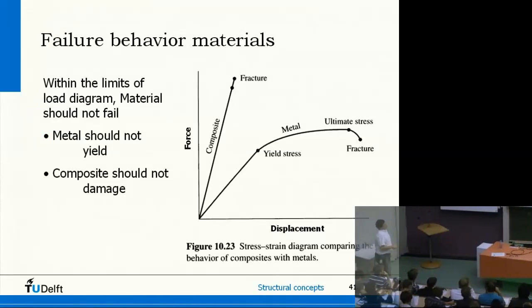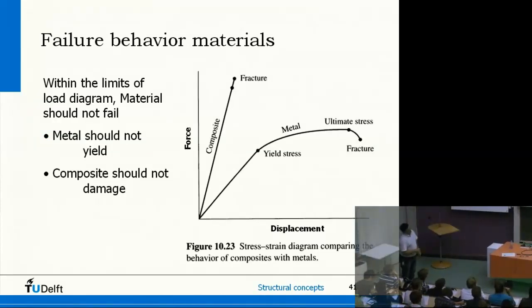Here you see, for instance, the behavior of materials. In one of the next lectures I will explain it in much more detail. But this is a typical force displacement curve for a metal. You have some elastic behavior up to the yield stress. And as long as I stay within those yield stress limits, the material can be used many times.